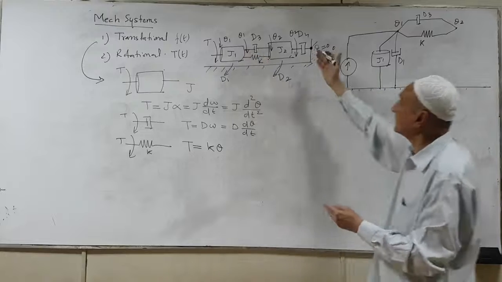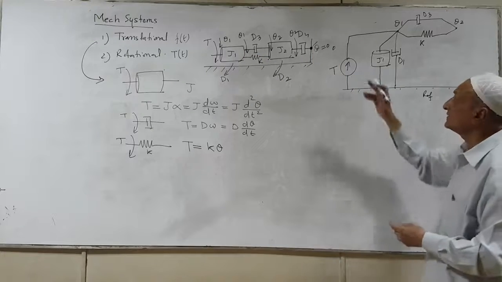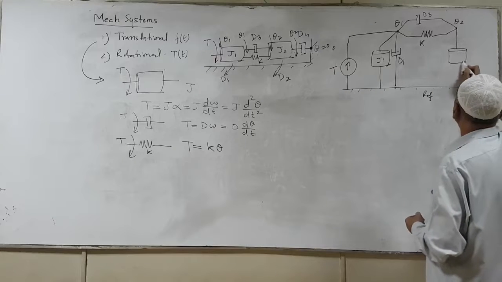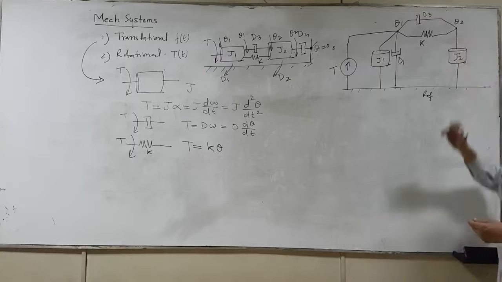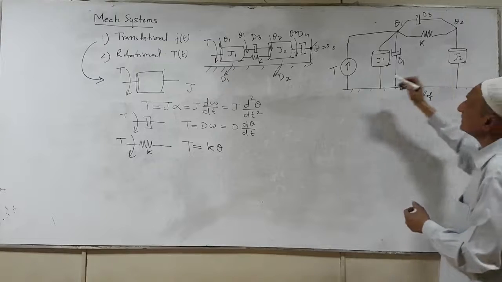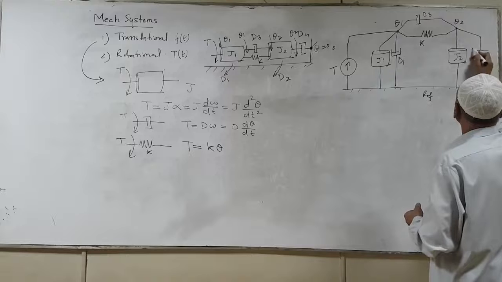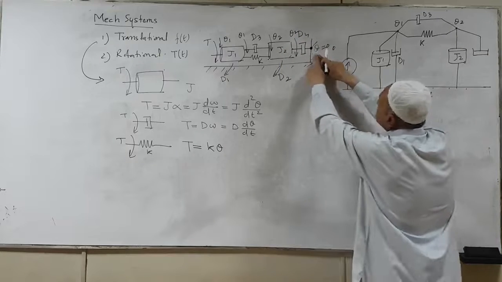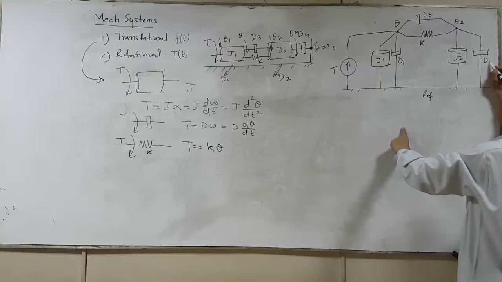Now let's come to this side diagram. The torque which is now transmitted to the other side is acting on J2. So this one is J2, and this is likewise connected to the reference, while one side is connected to that particular mechanical displacement node. And then there is a damper over here, between theta 2 and the reference, which is theta 0. This is D4.